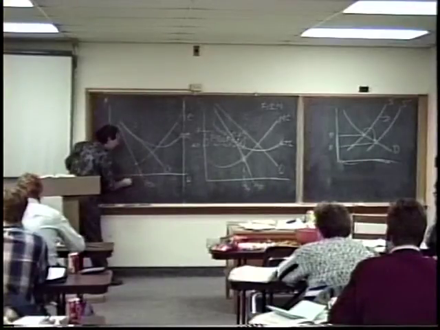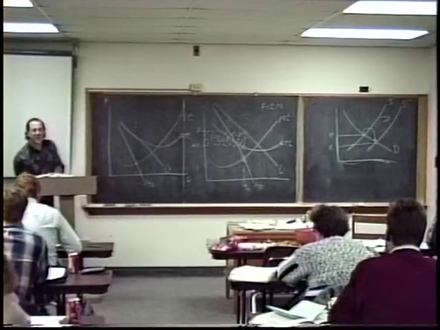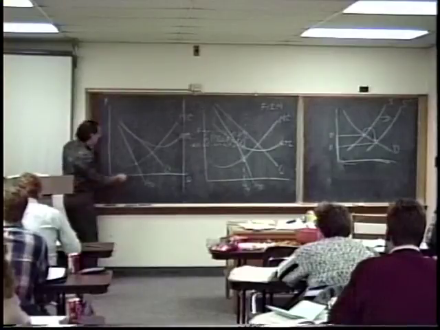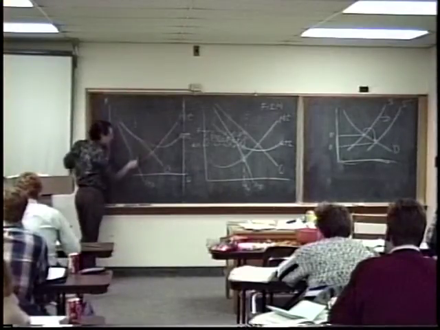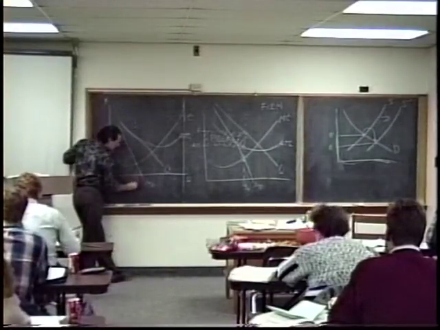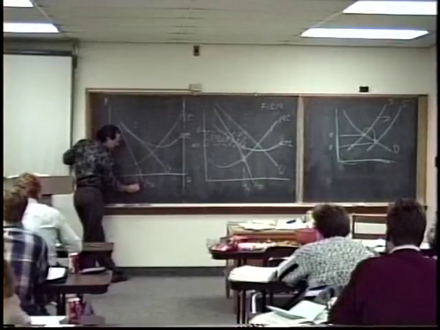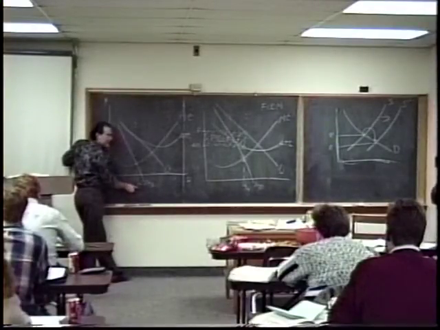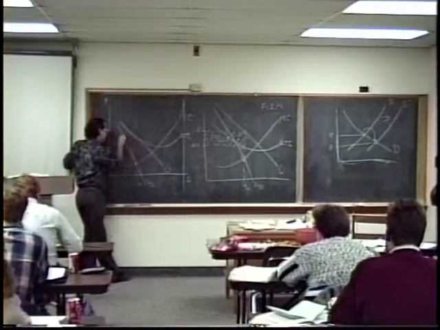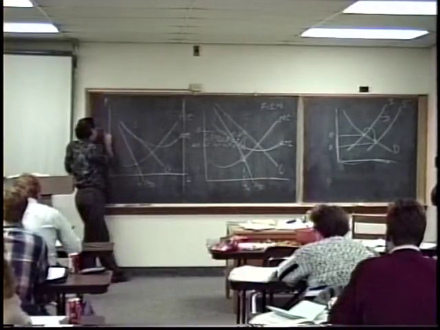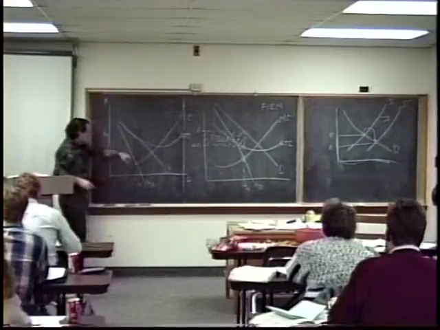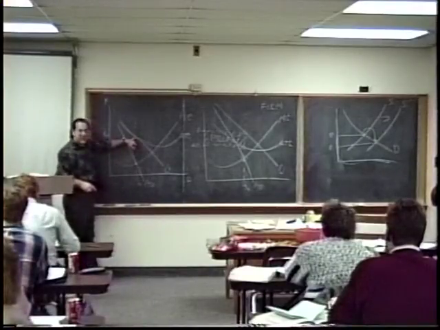And again, we look for the profit maximizing quantity by looking at the intersection of marginal revenue and marginal cost. This gives us quantity, right? Quantity maximized. You follow up to find the price. This will be our maximizing price. Now again, it's going to be like that.